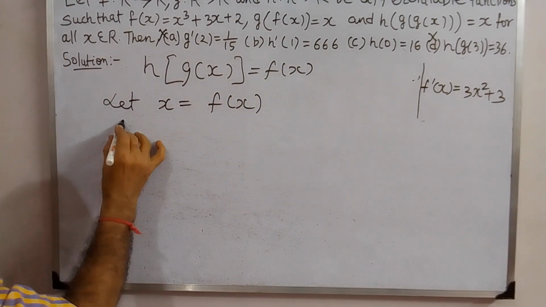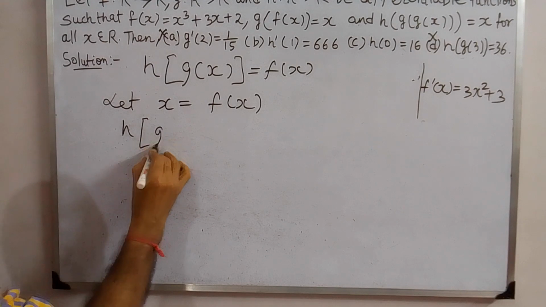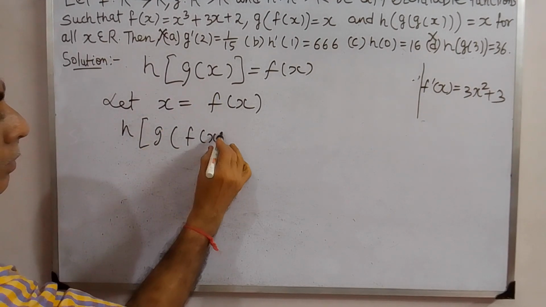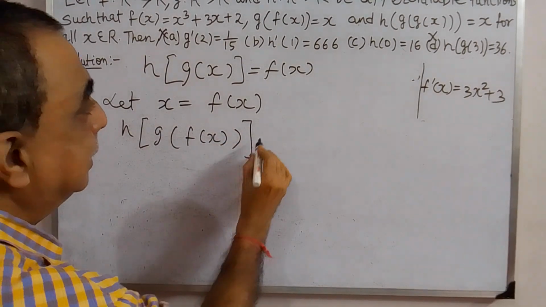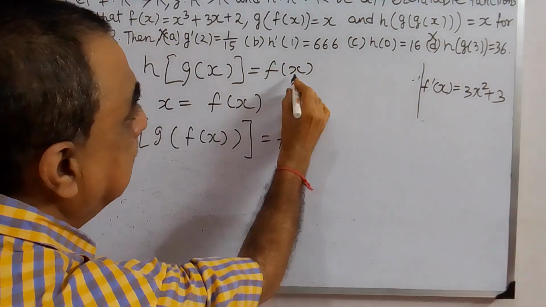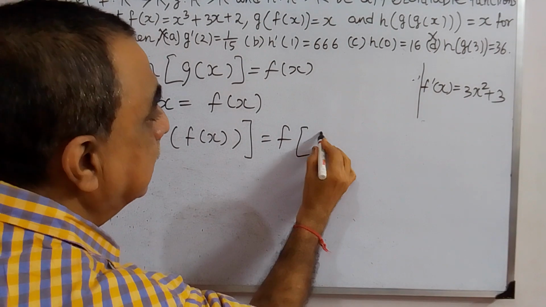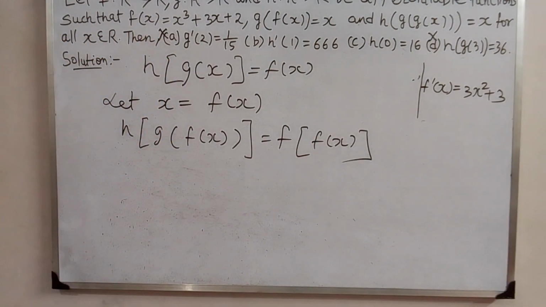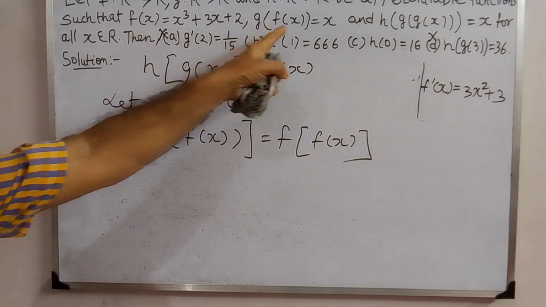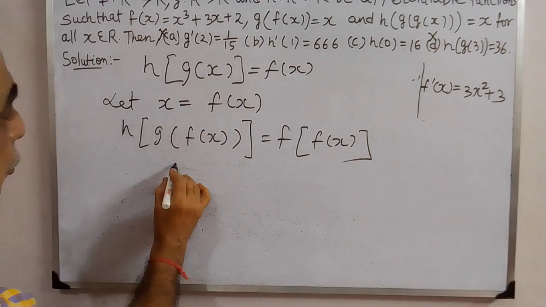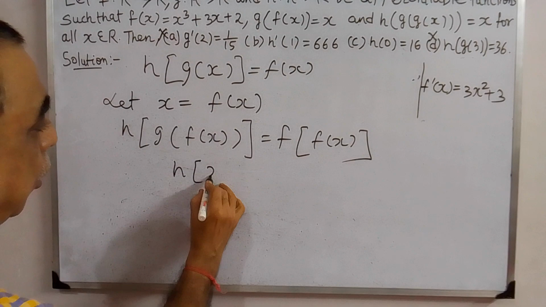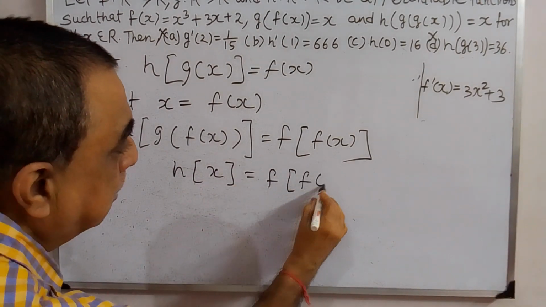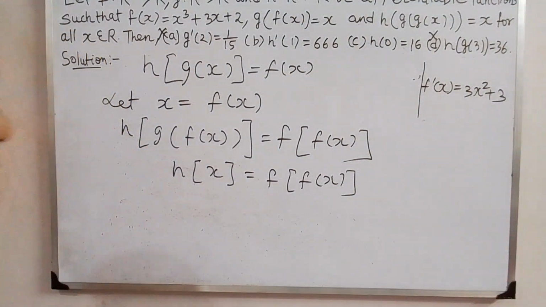So what will I have here? H of g, in place of x I am writing fx, and here also f of fx. Now g of fx is equal to x, so this will become h of x equal to f of fx. Correct?